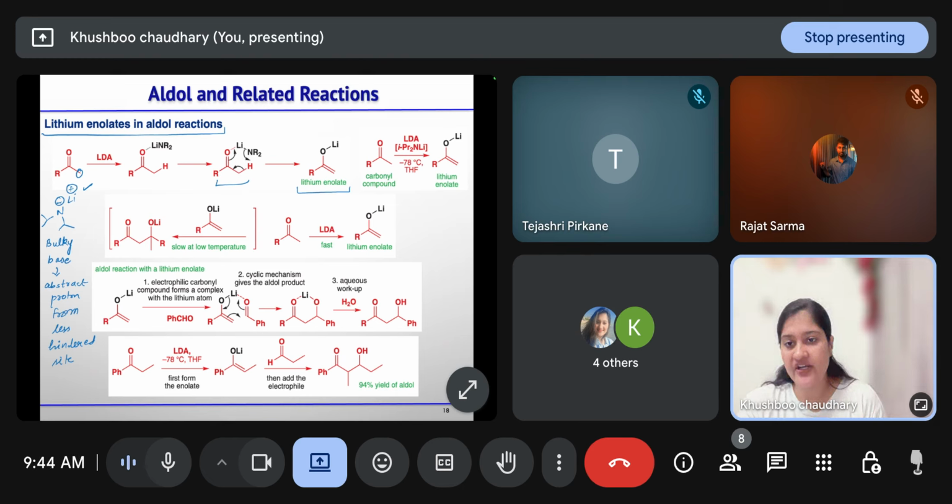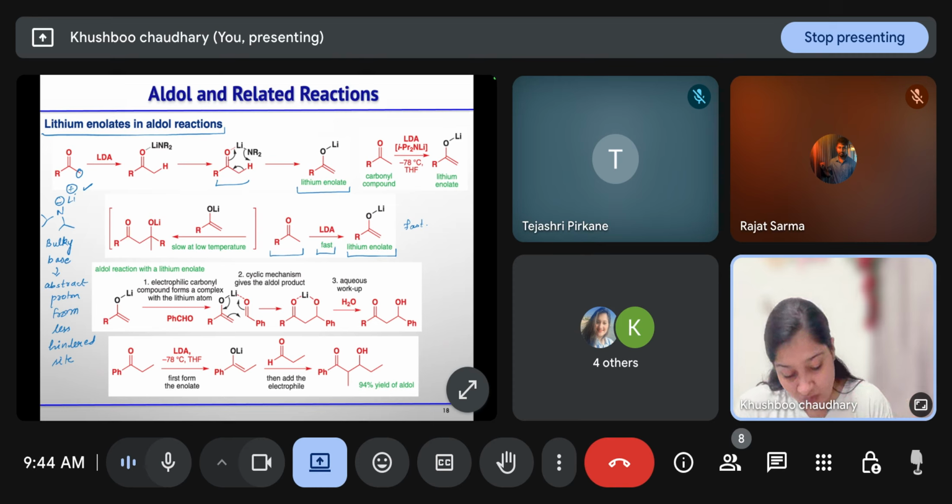Once this lithium enolate is generated, if it wants to react with the same species, then that reaction is slow. So we can add another carbonyl compound from the outside, so that it will react with that species, and whatever compound we are adding should be more electrophilic. So firstly the carbonyl compound on reacting with LDA will form this lithium enolate. This reaction is fast, but its further self-condensation product was slow.